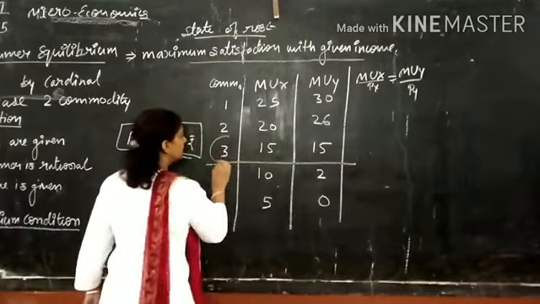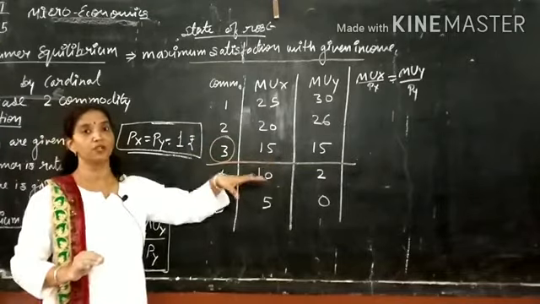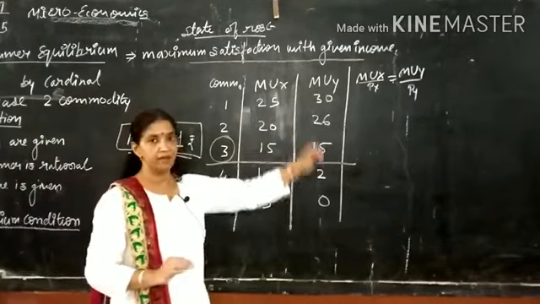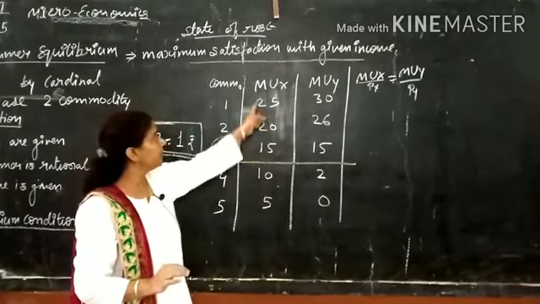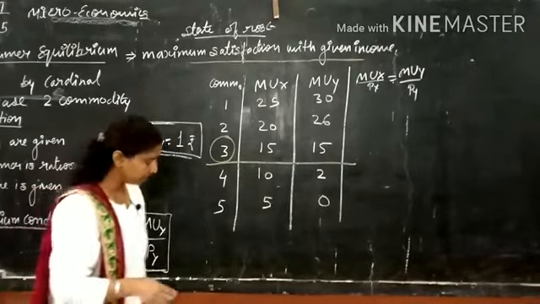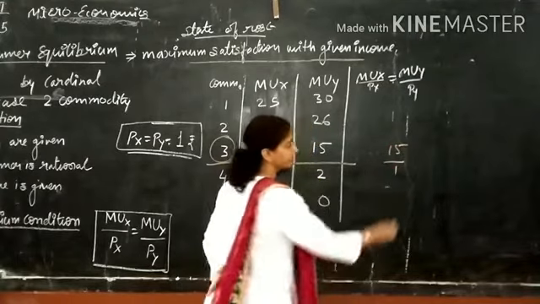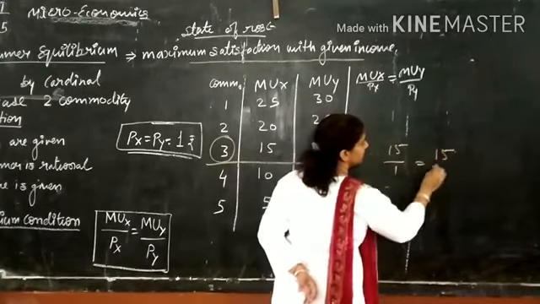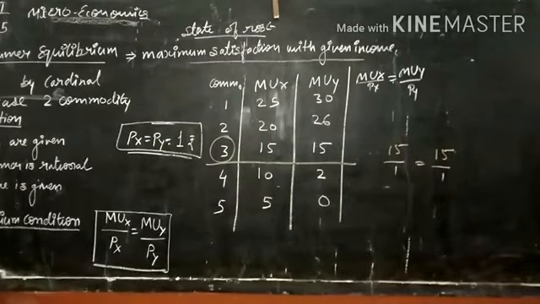At the consumption of 3 units of commodity X and 3 units of commodity Y, the consumer will be in equilibrium, as MUX upon PX and MUY upon PY are the same. MUX is 15 divided by the price of X, and MUY is 15 divided by the price of Y. So here the consumer is in equilibrium.